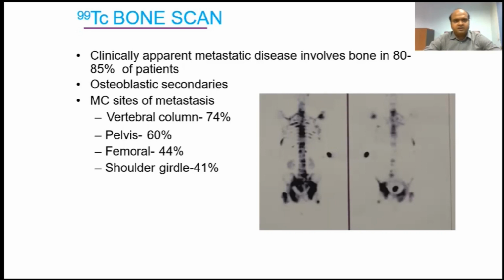So it can detect bone metastasis with good sensitivity and specificity. The most common site of prostate cancer metastasis is the vertebral column, followed by the pelvis, then ribs, femur, shoulder girdle, etc. In the right side image, you can see there are multiple metastases throughout the skeletal system, involving most of the spine as well as the pelvic bones.